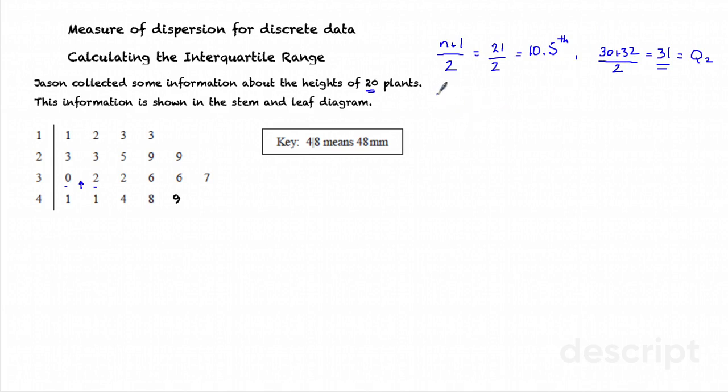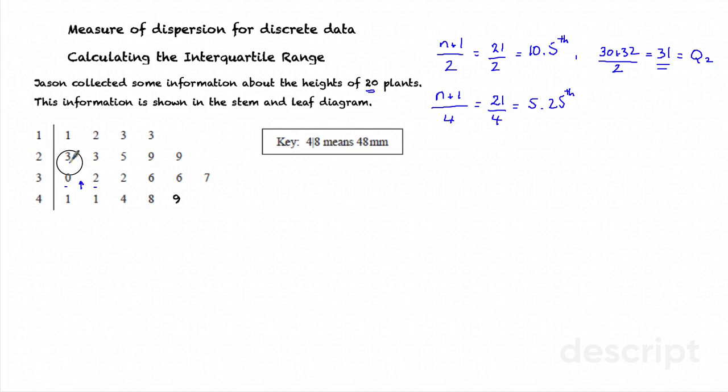So for my first quartile, I'm going to add 1 to n, and I need a quarter of my data, so divide by 4. 21 divided by 4 gives me 5.25. Now that's the position of my first quartile. 1, 2, 3, 4, 5.